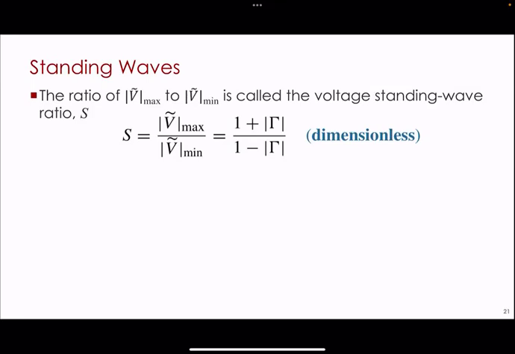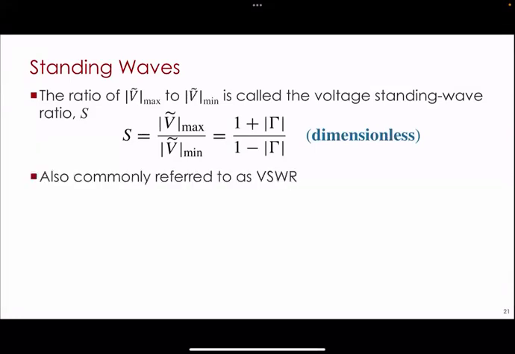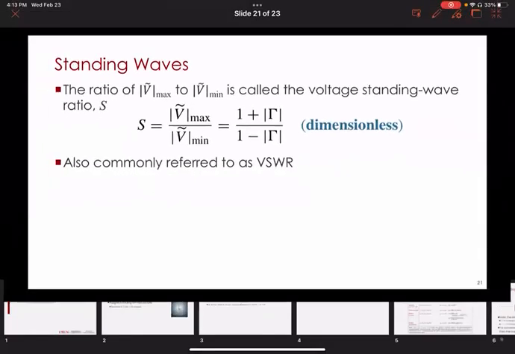It's just a plain old number, okay? So you could certainly rearrange this equation and solve it for the magnitude of gamma, and you'd be able to get the magnitude of gamma. But as I said, gamma has a magnitude and a phase, okay? Okay, so that is VSWR. So we'll come back to that.